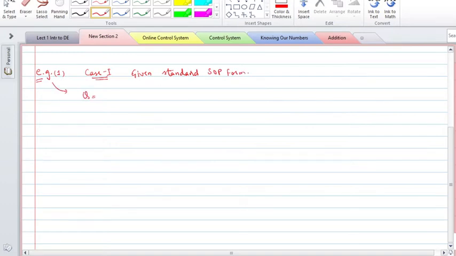Suppose the question is: obtain the truth table for F(A,B,C) equals A bar B bar C bar plus A bar B bar C plus A B bar C bar plus A B C bar.